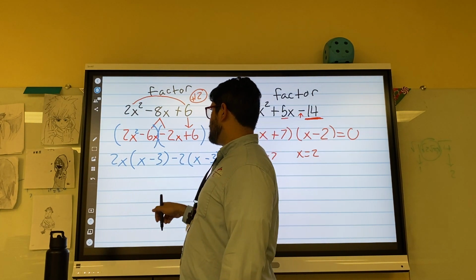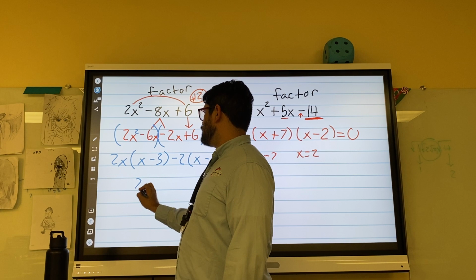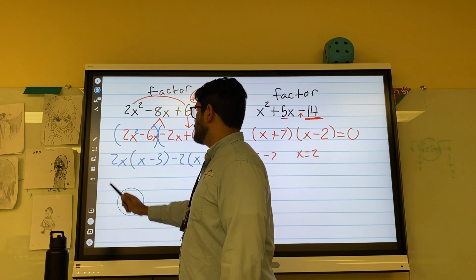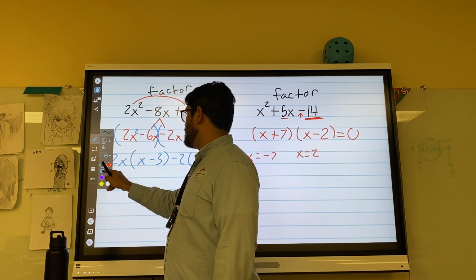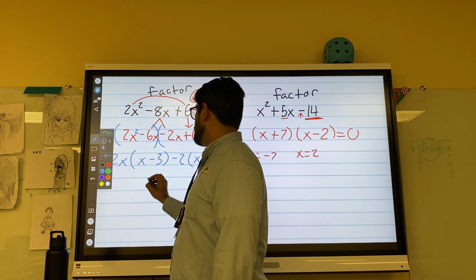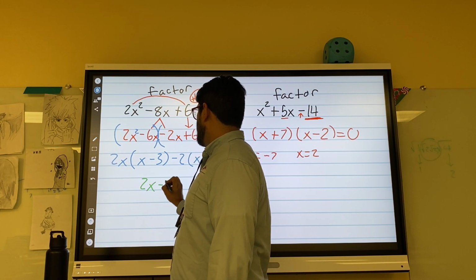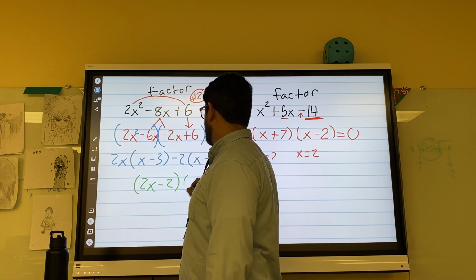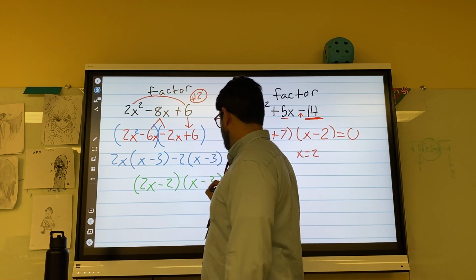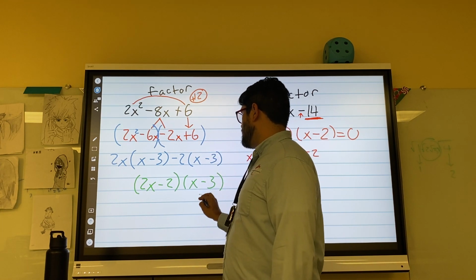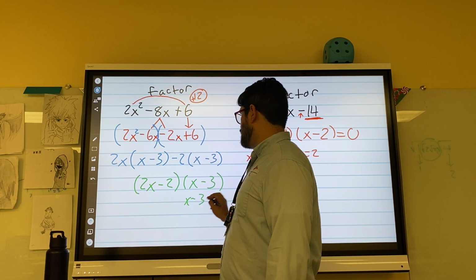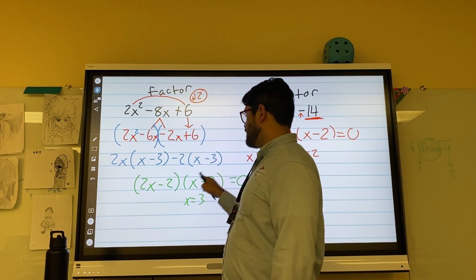So if I factor these out, I'm left with 2x minus 2 and x minus 3. Now this one's obviously going to be x equals 3 if I wanted to know when it equals 0. This is factoring.